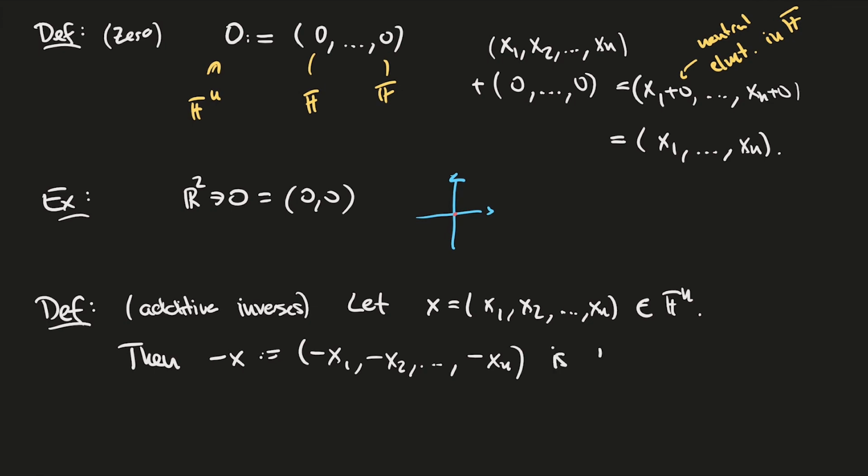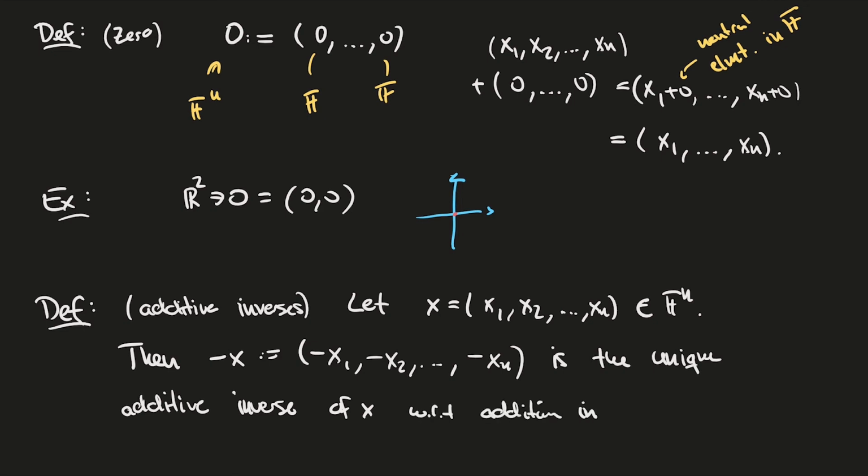And this is the unique additive inverse of x with respect to addition in Fn. So this means that x plus minus x is equal to 0. And here again, this 0 denotes the 0 element in Fn. So this is the list of length n that has only 0 entries.